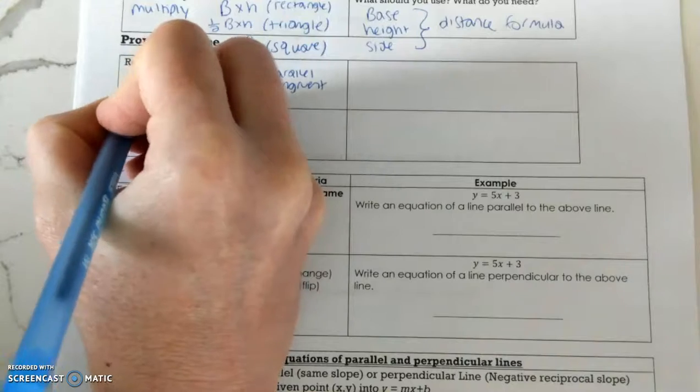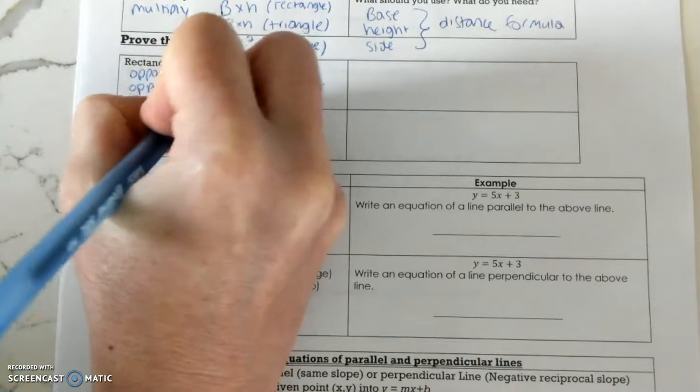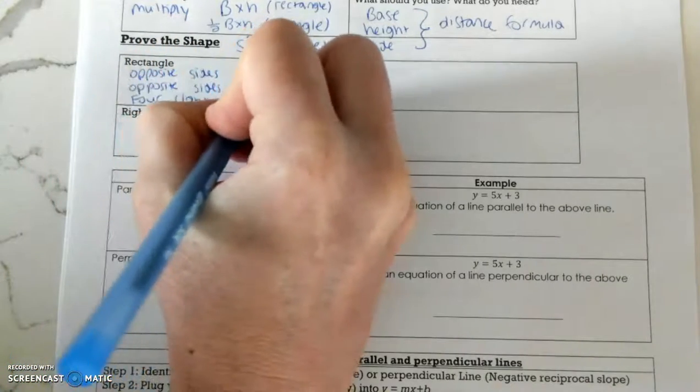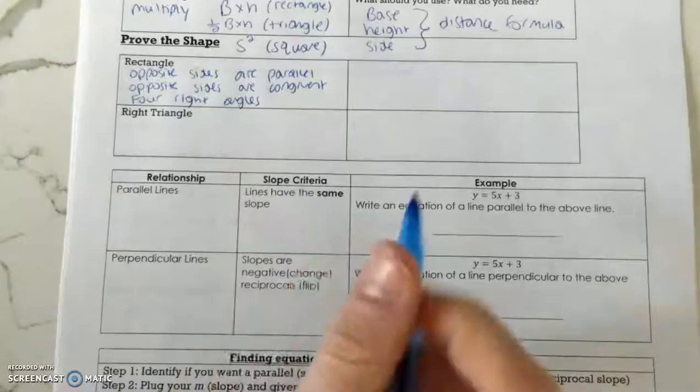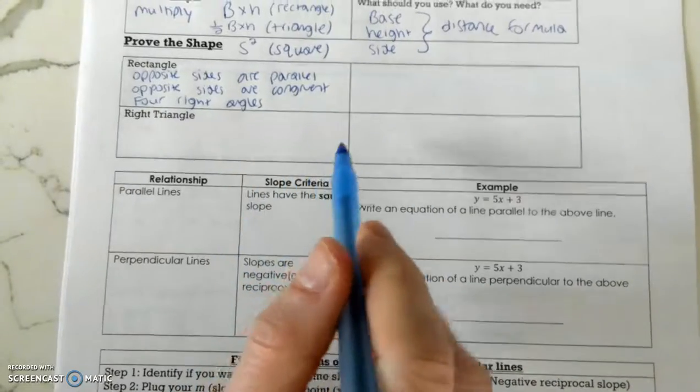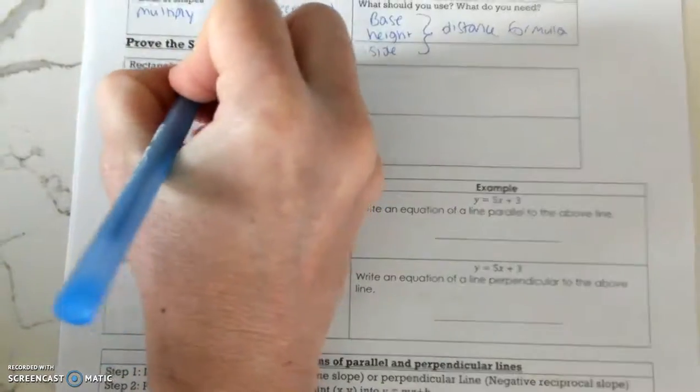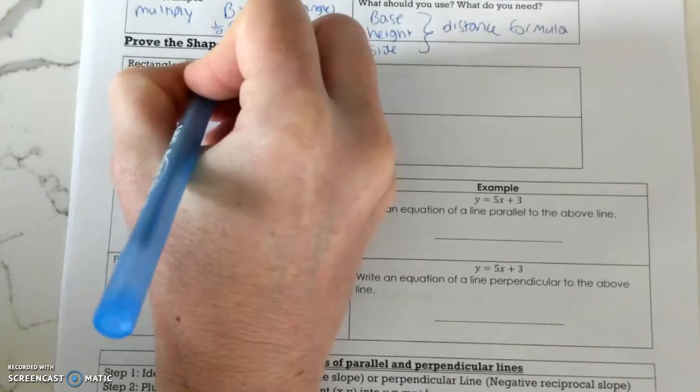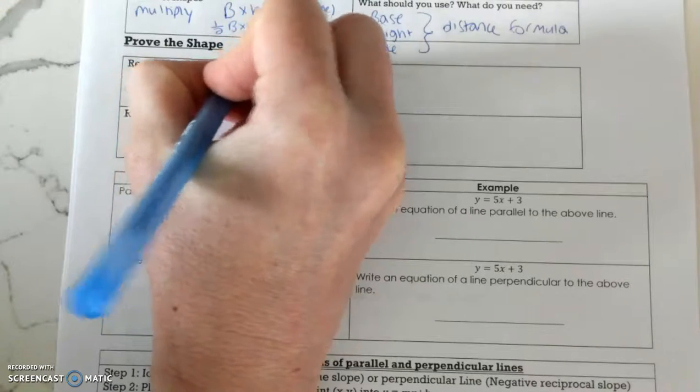And you have 4 right angles. One more characteristic about a rectangle: your diagonals are congruent.